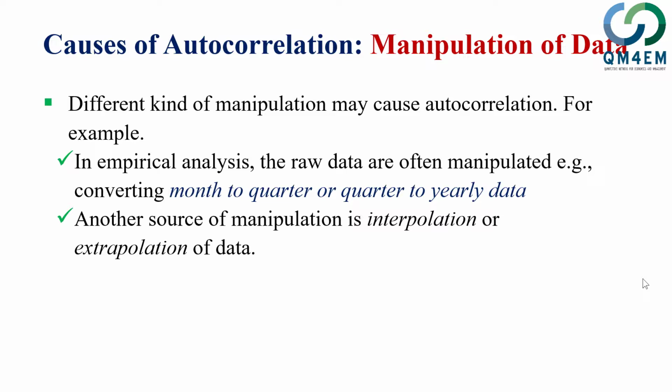Or sometimes we do extrapolation, which refers to interpolation for out of sample data. For example, if I have data for 1960, 1965 and I want to calculate from these two values the value for 1970, it's a case of extrapolation. So using interpolation or extrapolation of the data may also cause autocorrelation in our data.